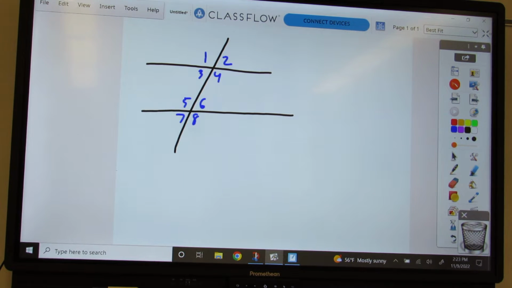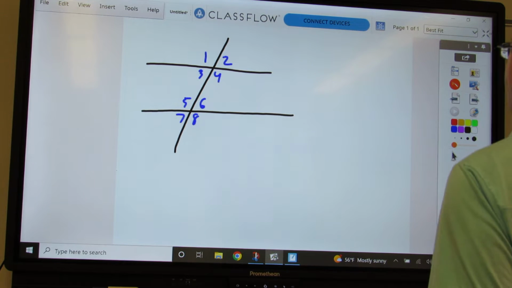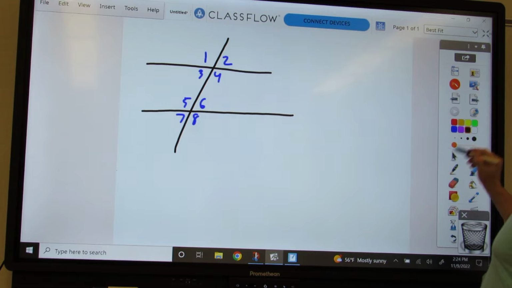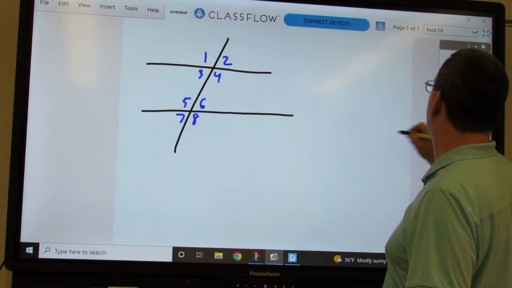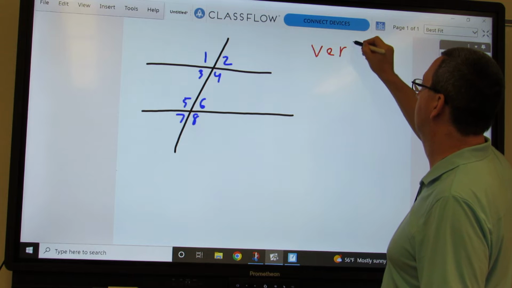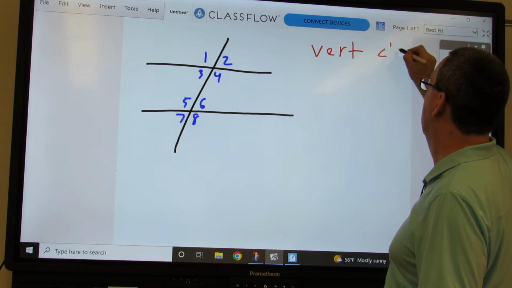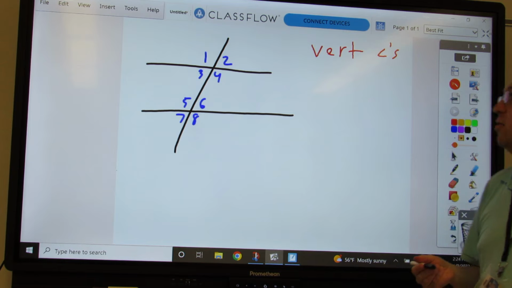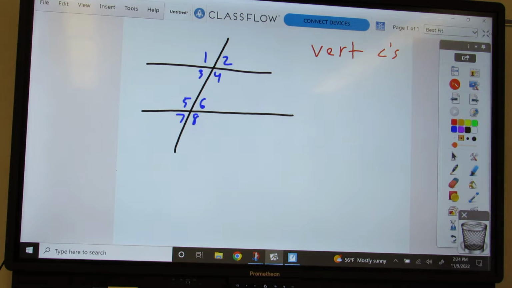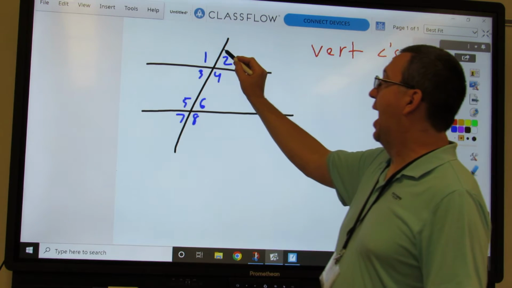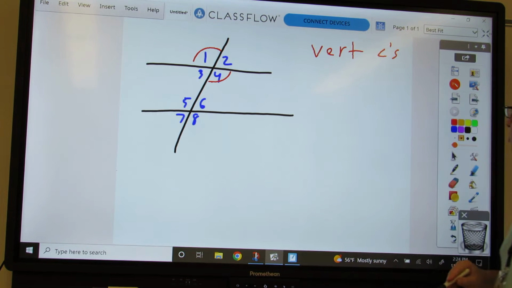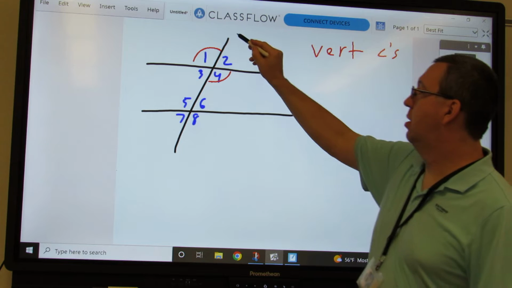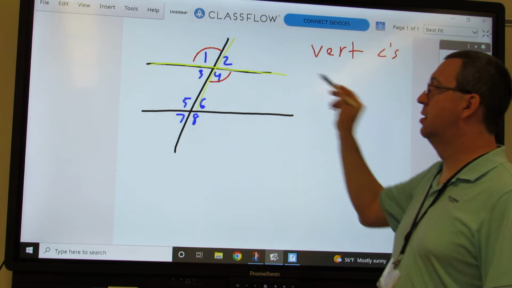Okay, so I'm going to review our different types of angles that we've gone over. So first, we have vertical angles. Vertical angles are made up of the same line. So angle 1 and angle 4 are vertical angles because they're made up of these two lines.